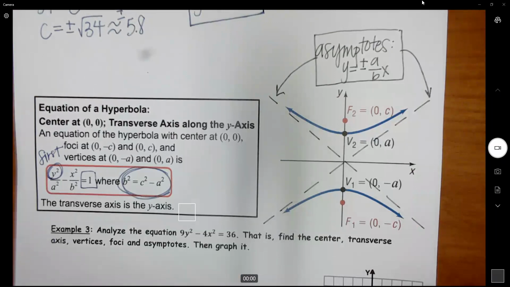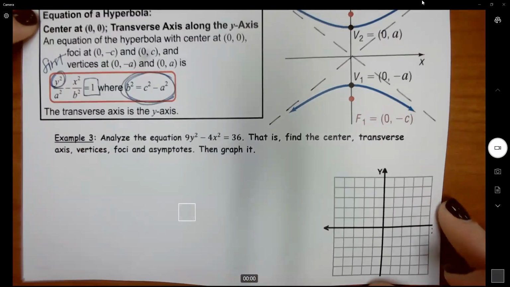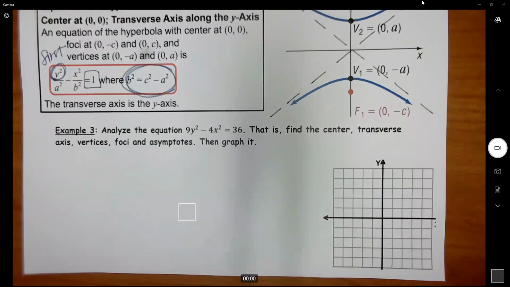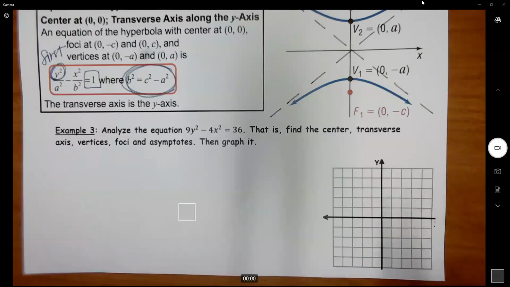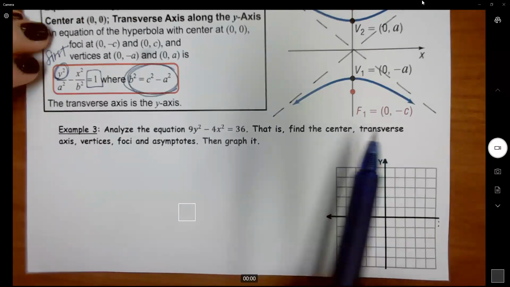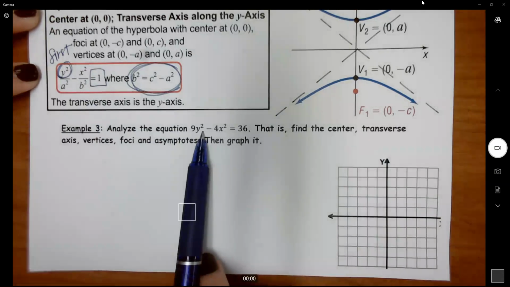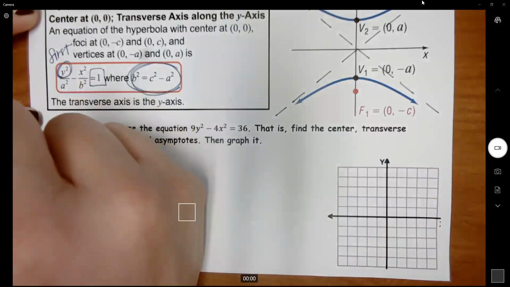So, example 3, we're analyzing this equation, finding the center, the transverse axis, vertices, foci, and asymptotes. This always needs to equal 1, and this does not equal 1.